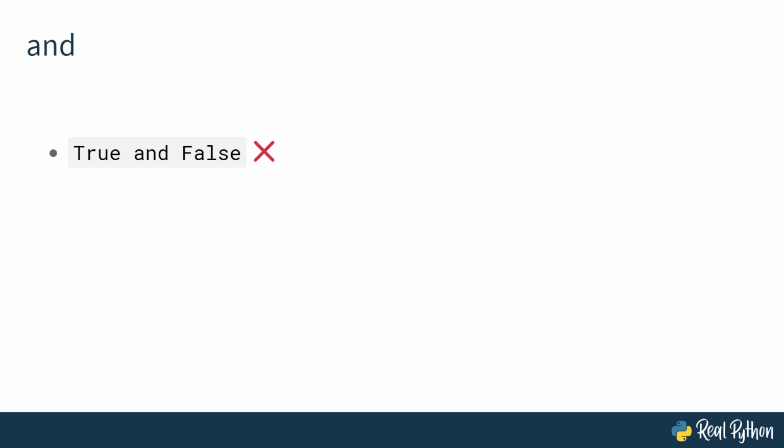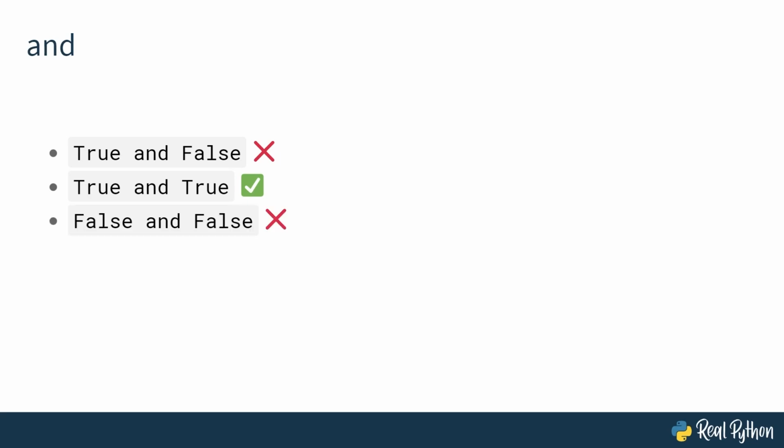So if you have a statement with which the left side or the right side evaluate to true and one of them evaluates to false, then that will give you a false value. If both the left and right sides are true, then you'll get a true value. If both sides are false, then you'll get a false, because none of them are true. And again, if one side is false, then AND will always return false. So the only case in which AND can return true is if both sides of it are true.